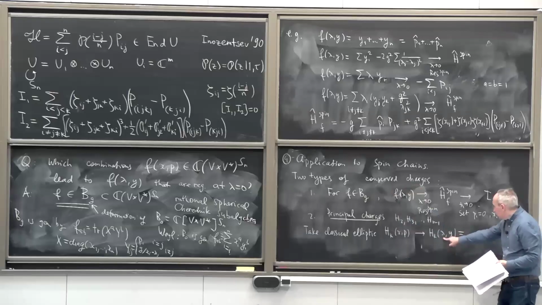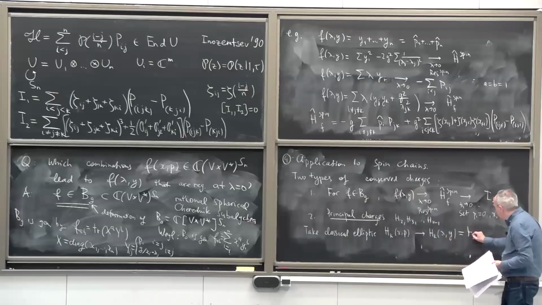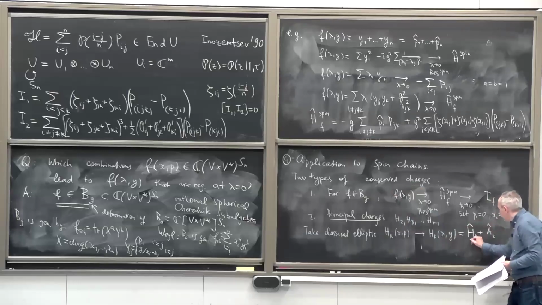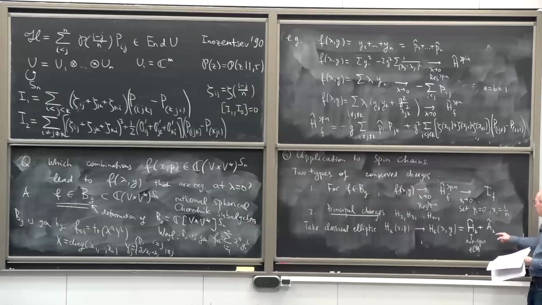This expression, before doing anything, splits into a non-spin quantum Hamiltonian H plus a correction, which I will call A_K hat. So this is the non-spin quantum Hamiltonian, and this is the spin correction.